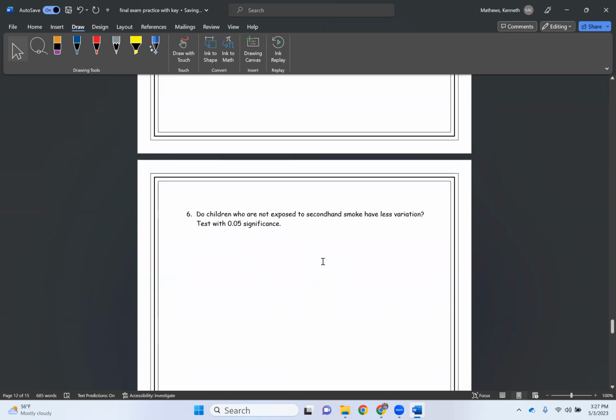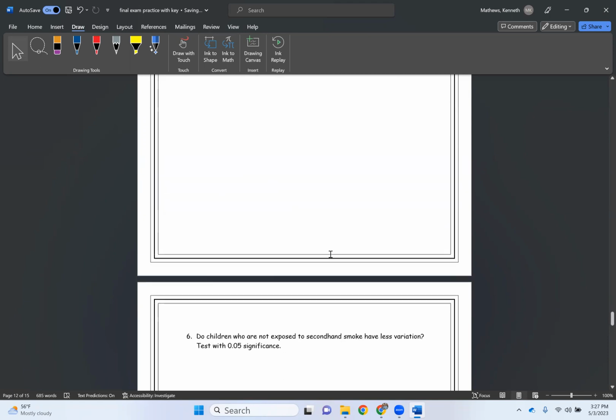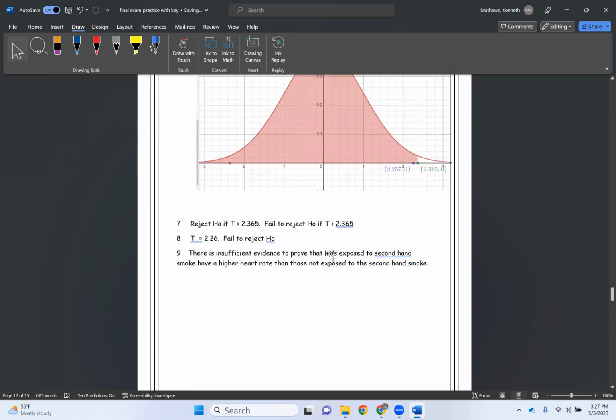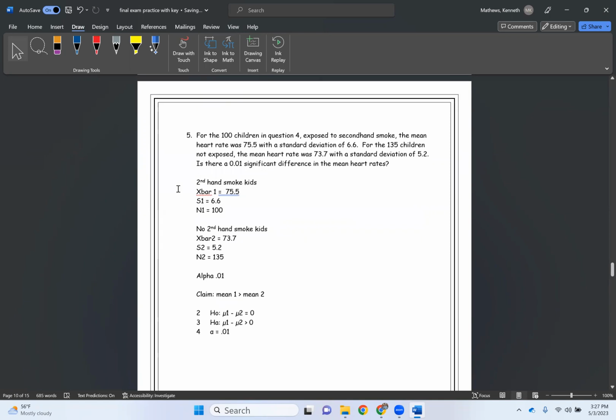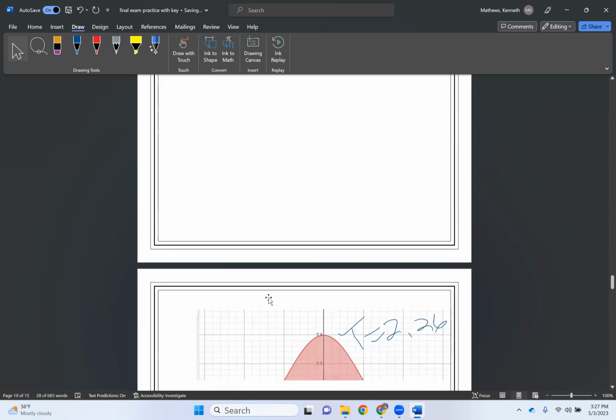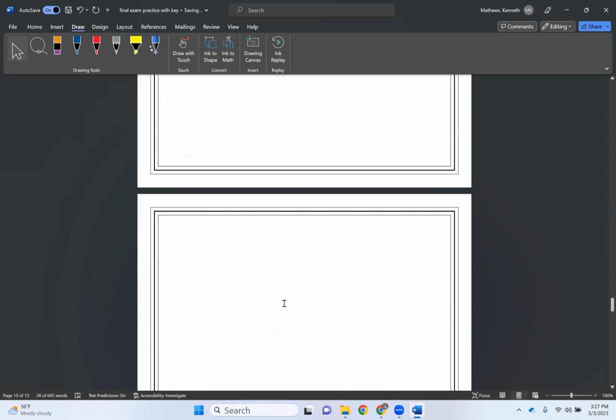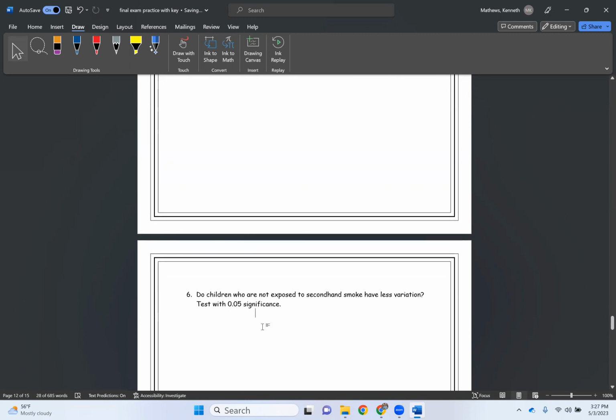Do children who are not exposed to secondhand smoke have less variation? Test with 0.05 significance. All right, so what I'm going to do is grab all that data and pull it down here.